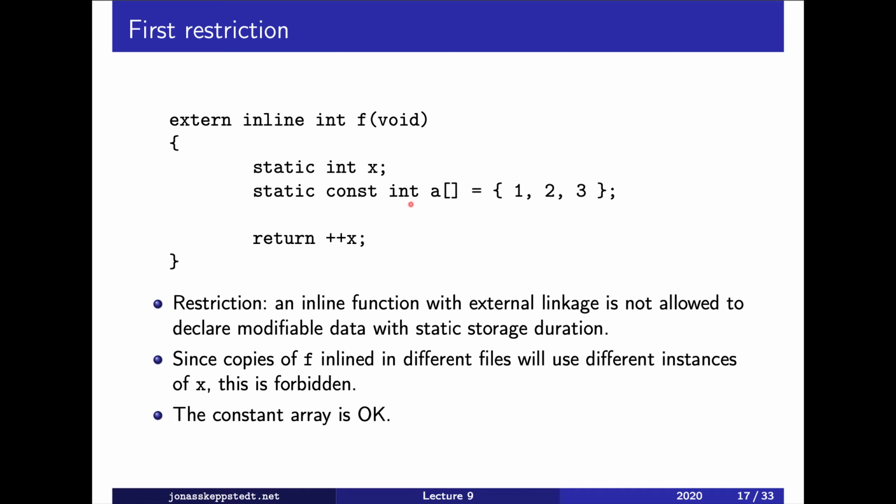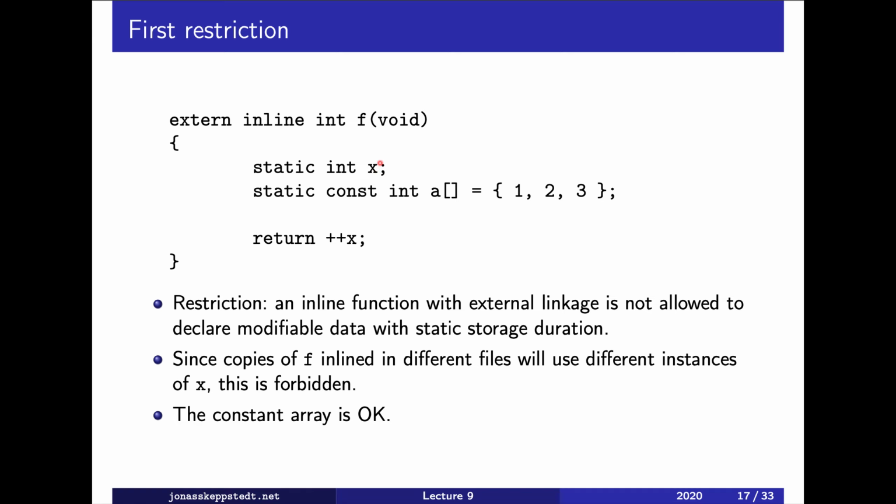So what can happen? Well, if we copy the statements of f into another file, then compilers have big trouble keeping track of which memory location this static int x is in. What would typically happen, if we assume that this would be done anyway, is that different copies of f would use different copies of x.